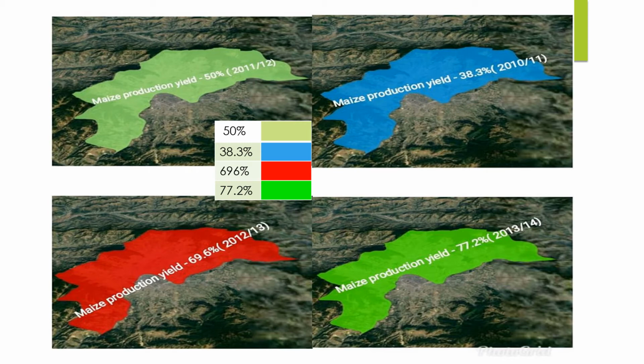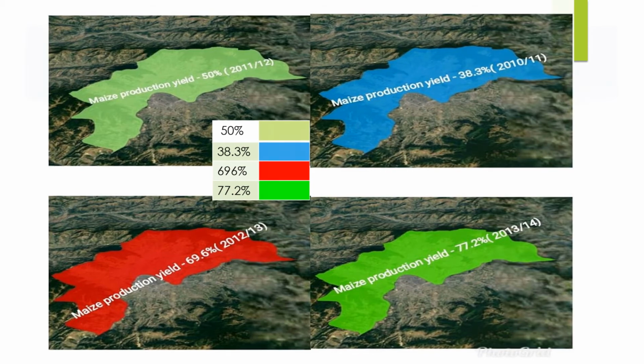And with the blue highlight, the maize production yield was 38.3% in 2010-11. And with the red highlight, it is shown the maize production yield of 2012-13, and that is 69.6%. And with the green highlight, it has shown the maize production yield of 2013-14, that is 77.2%.